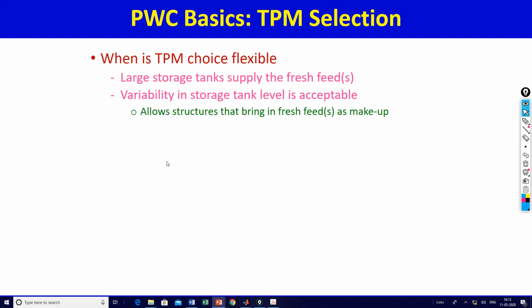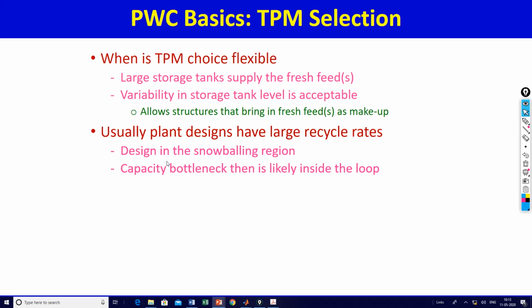And as we have discussed, fresh feeds coming in as makeup streams mitigate the snowball effect, take care of non-linearity, make sure that you never overfeed the system. There are also dynamic advantages, as we saw in the level control tanks in series example.